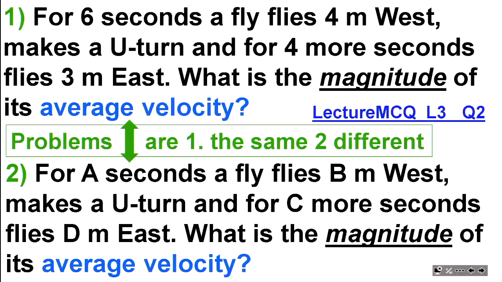So if you look at the appearance, you can see some difference, and that difference is that one problem has a specific number, while another problem uses a letter instead of that number. Well, does it matter? No. Because when we need to solve a problem, we have to follow a procedure, a sequence of steps.